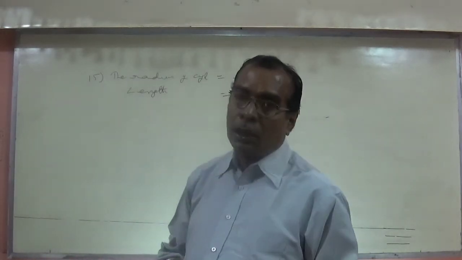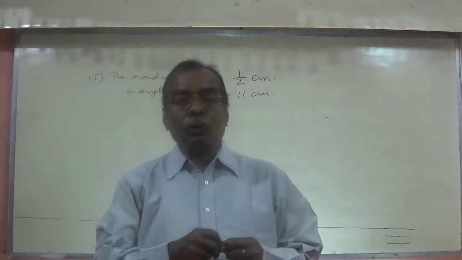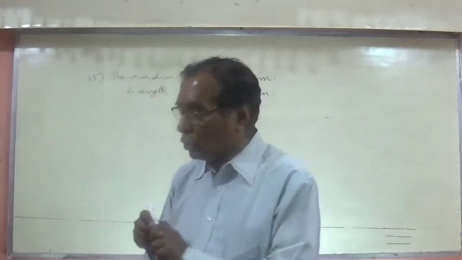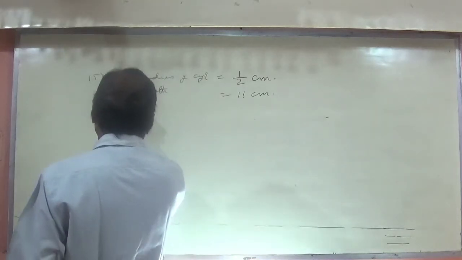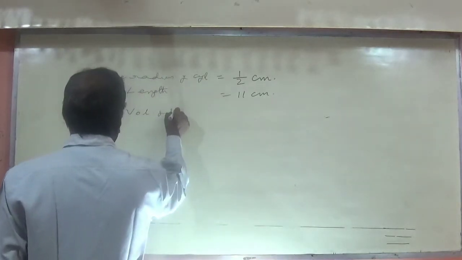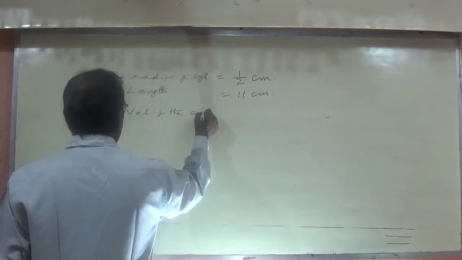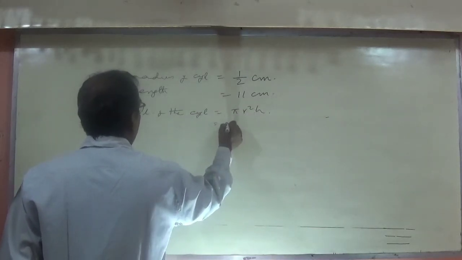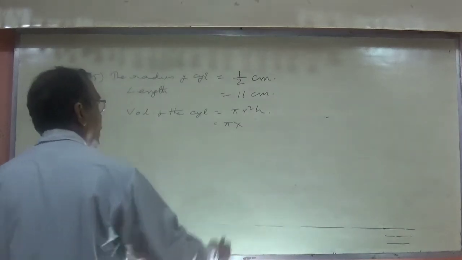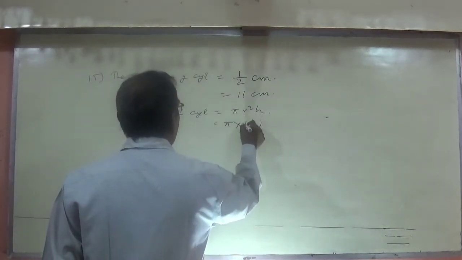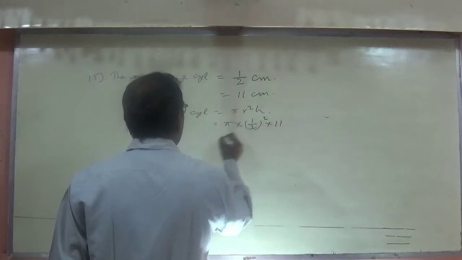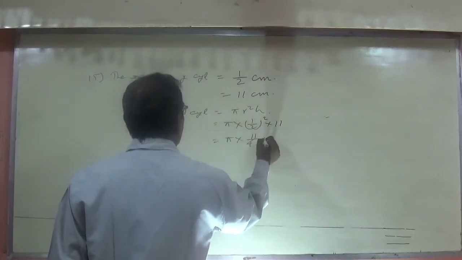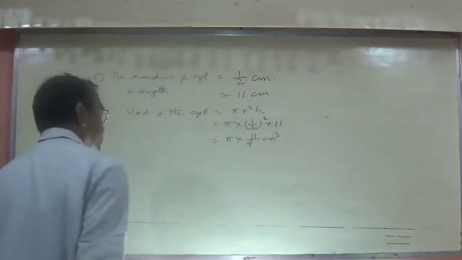This cylinder you will have to make into a wire, so the volumes of these two are equal. Volume of the cylinder is pi r square h. Don't put the value of pi; it is pi into 1 by 2 square into 11, which is equal to pi into 11 by 4 centimeter cube.